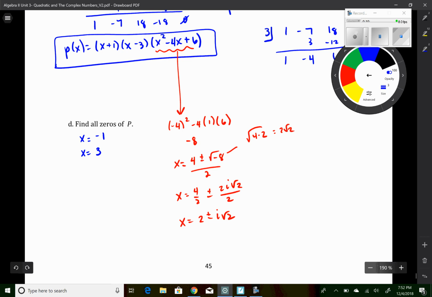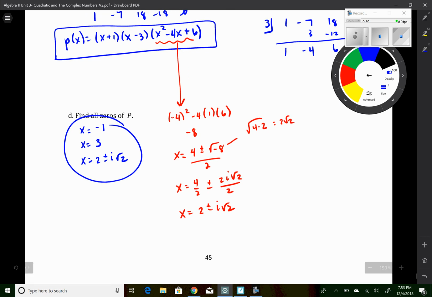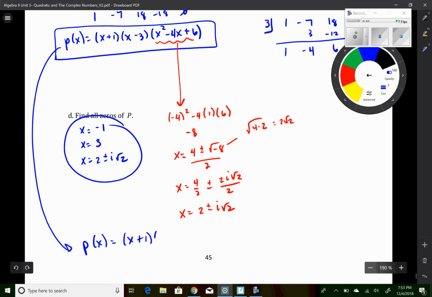So there's all your zeros, right? So I have another set of zeros here of 2 plus or minus i square roots of 2. You can leave them separate like that or put them in one big bracket. It doesn't matter to me. So what does this mean? This means p of x can be written in an even better factored form of x plus 1, x minus 3.